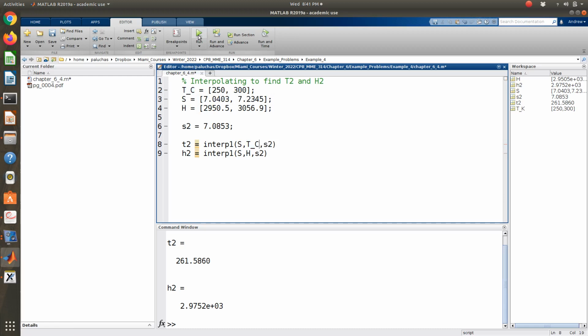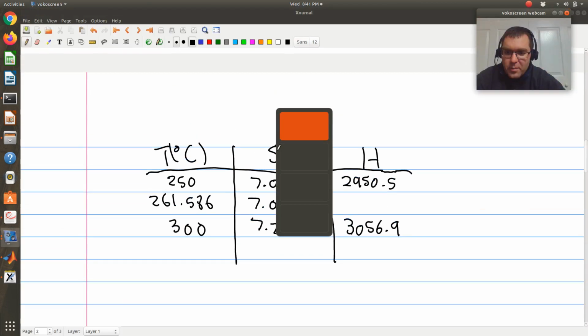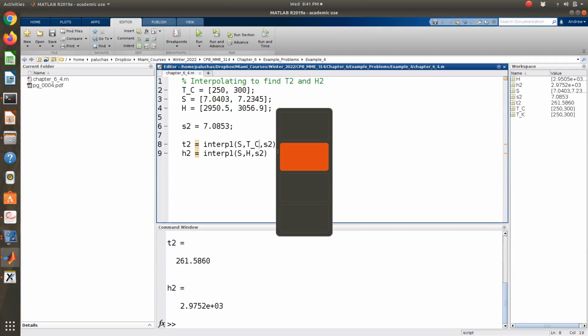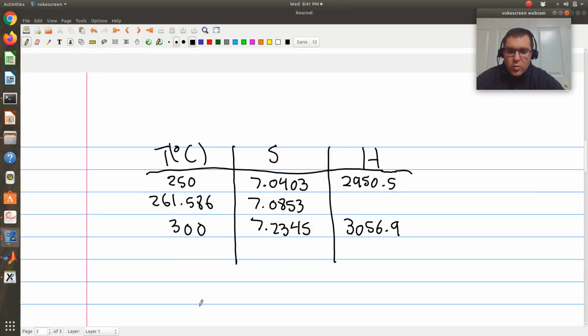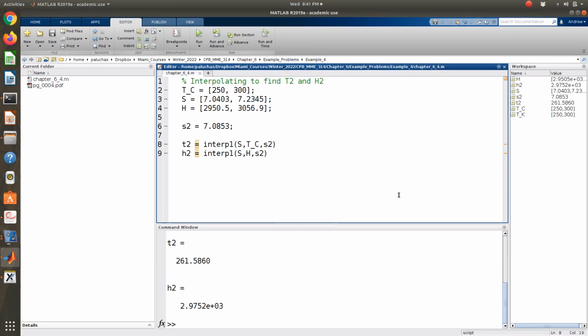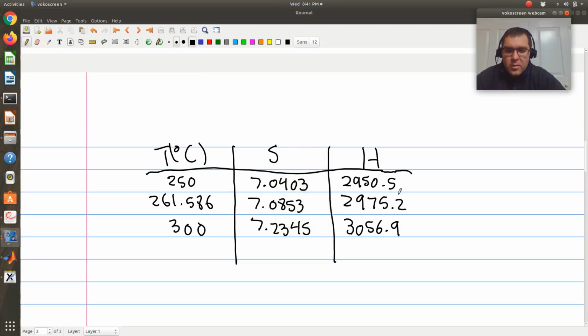So my temperature is 261.586, and H is 2975.2. All right, so this is our state 2.